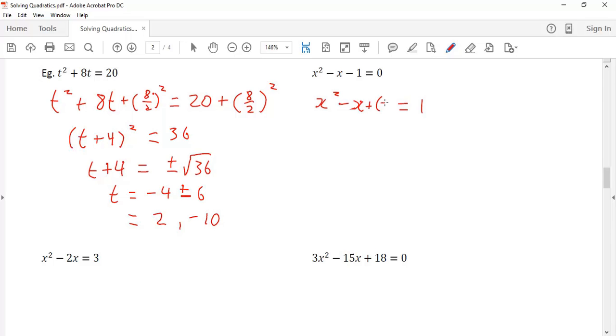So in this case, it's negative 1 over 2, all squared. And then this just becomes, if you complete the square, x minus a half all squared. Then you can do the right hand side on your calculator if you want, or you can do it in your head, and you get 5 over 4.